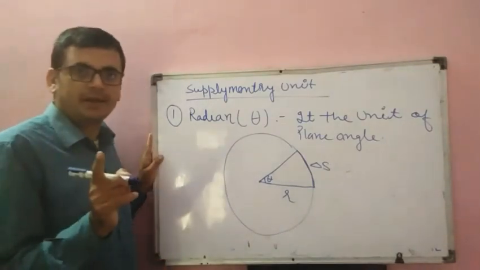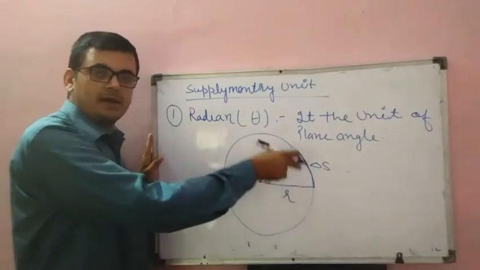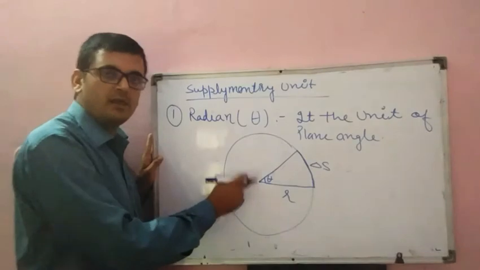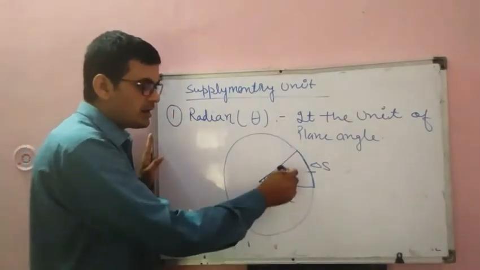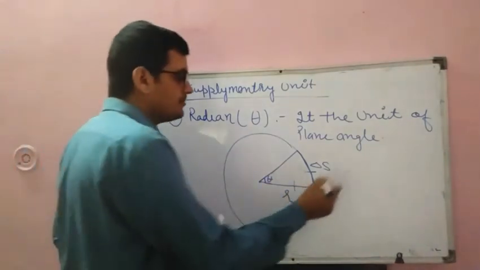What is called 1 radian? It is the angle subtended by the arc at the center of the circle when its length is equal to the radius of the circle. So how will you define the radian?